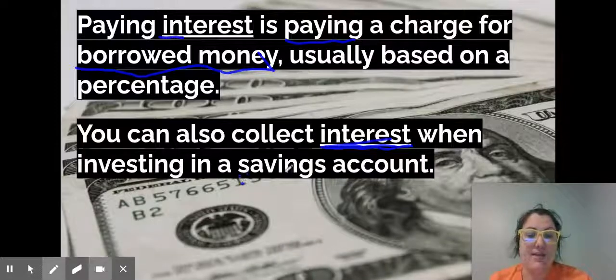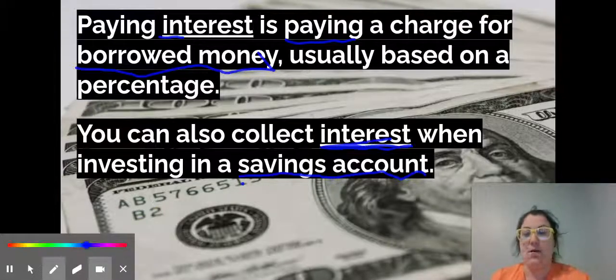In your savings account. So they may say something like, hey, you get 4% interest on this savings account. That means you are gaining 4%. You are rising, increase, interest, 4%.